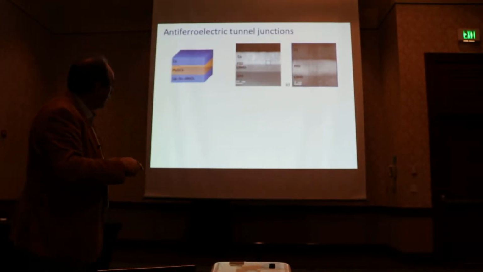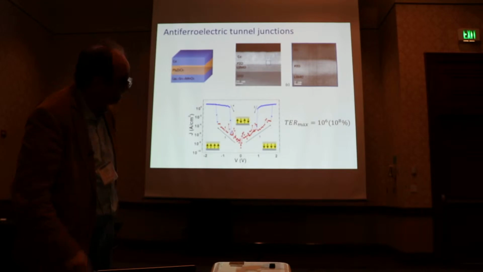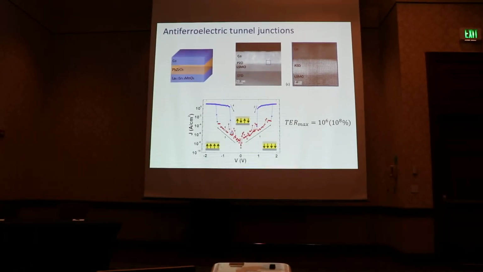Anyway, so we start measuring, and we went exactly here. So where we have a high resistive state, and then at a certain point we get abruptly into the low resistive state, and then we stay in this low resistive state until the ferroelectricity goes back down. And then you see here the values.